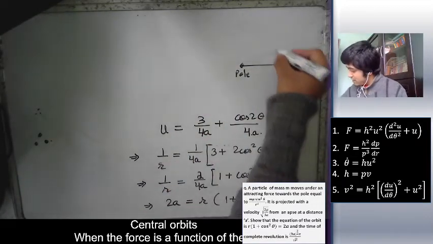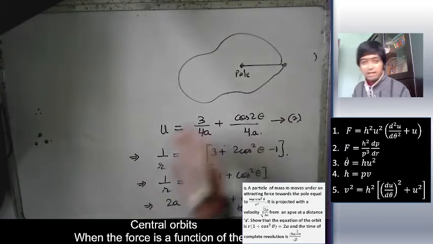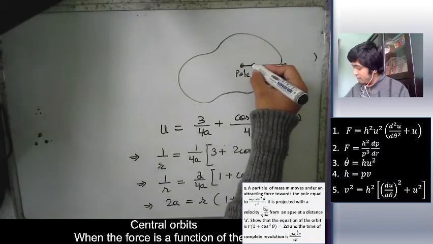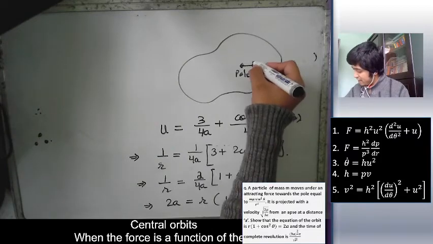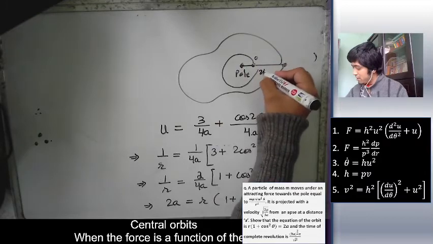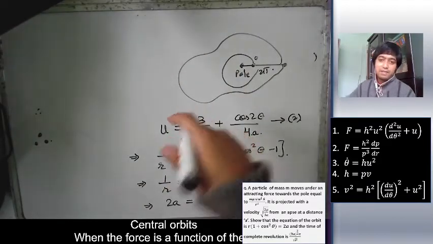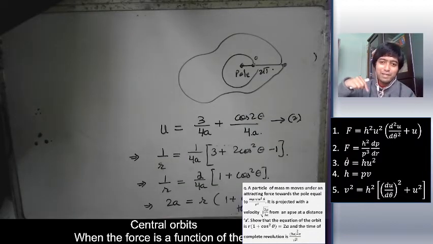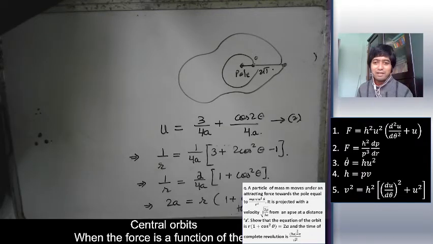The particle is maybe traveling in this way, in any kind of orbit, and the angle will change from 0, and if it travels the whole path, the angle has become from 0 up to 2 pi. So that is what we need to use. And since we need time, which of the following equations do we have to use?